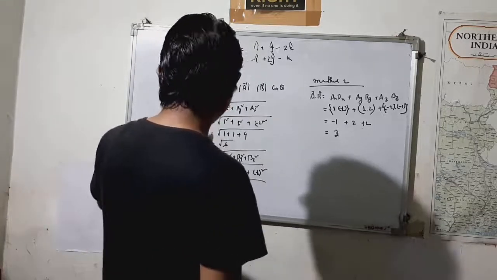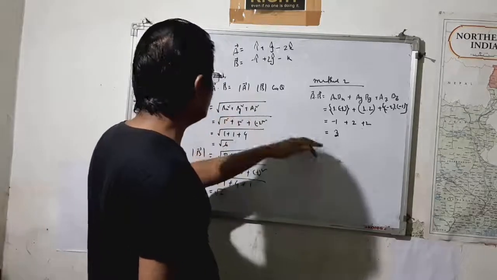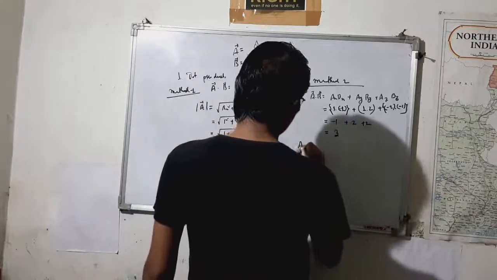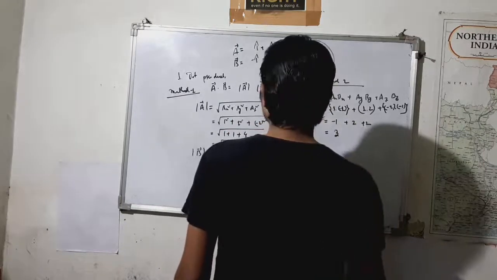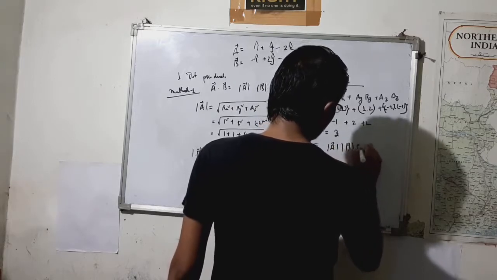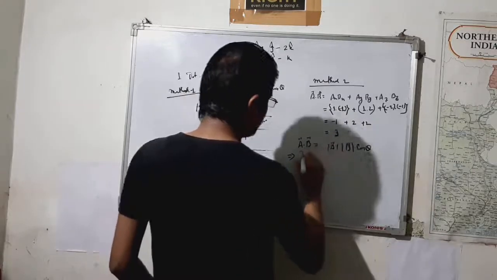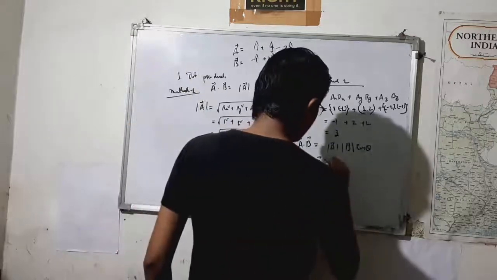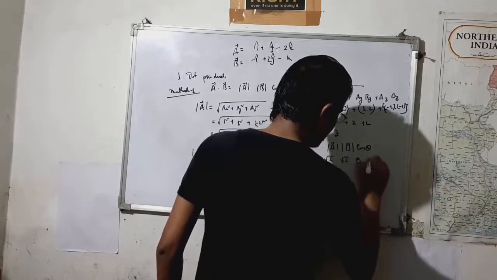So we know the magnitudes of a and b. By putting all these values in this formula, a dot b equals magnitude of a, magnitude of b, cos of theta. So a dot b is here 3, and magnitude of a is root over 6, magnitude of b is also root over 6, and cos of theta.